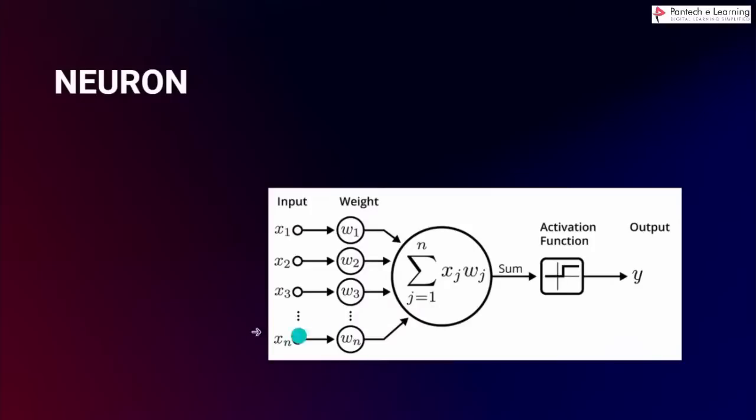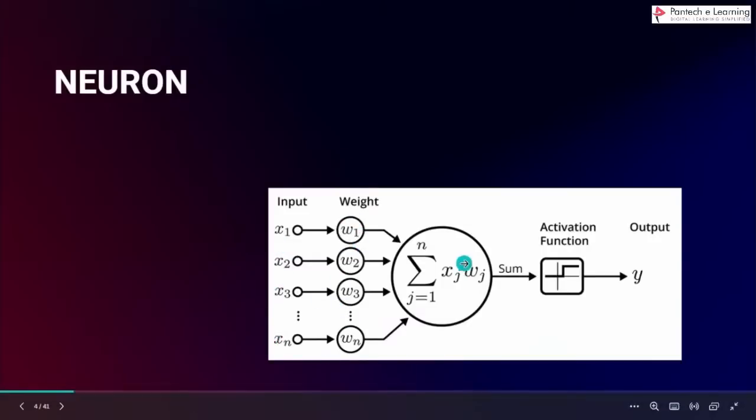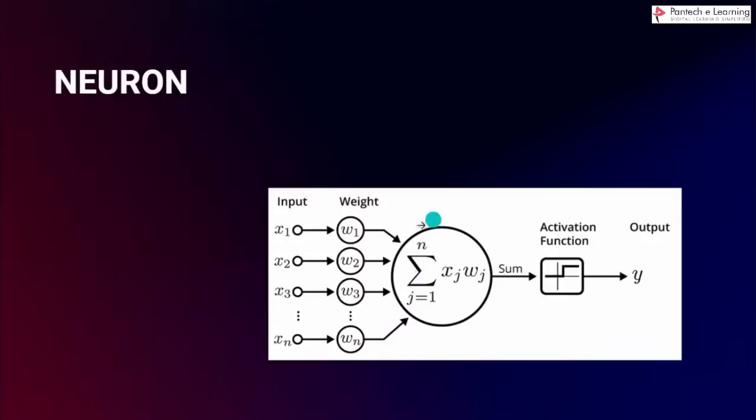For example, you are giving inputs. Imagine you can use it for your CSV files also. These are your rows, x1, x2, row 1, row 2, row 3, and based on the weightage, it will assign some weight and give it to the neuron. Inside this neuron, something known as bias is added, a constant value added for everyone, and then it is summed and passed to a function called the activation function.